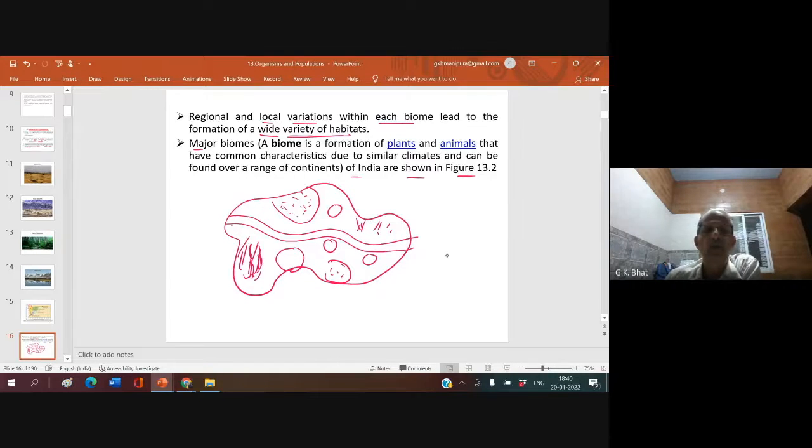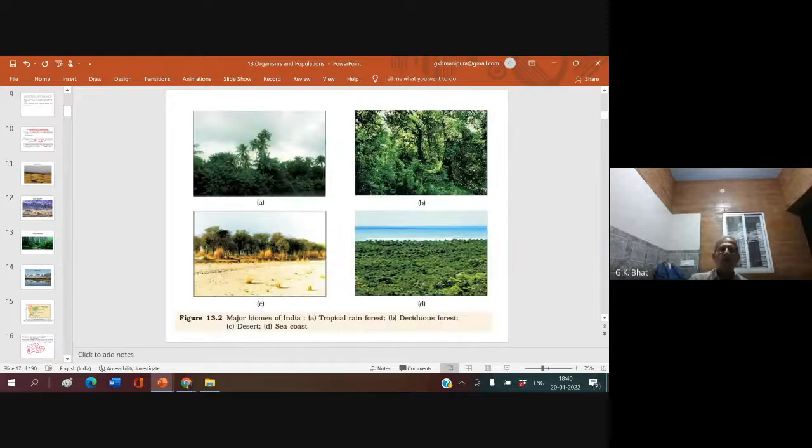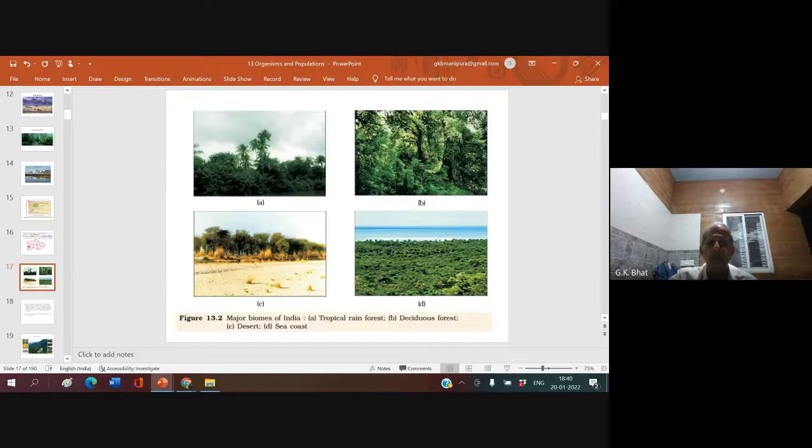I have already given the definition of the biome. A biome is a large, easily recognizable area with its own fauna and flora. Major biomes of India: tropical rainforest, deciduous forest. Tropical rainforest always has large, closely packed trees.